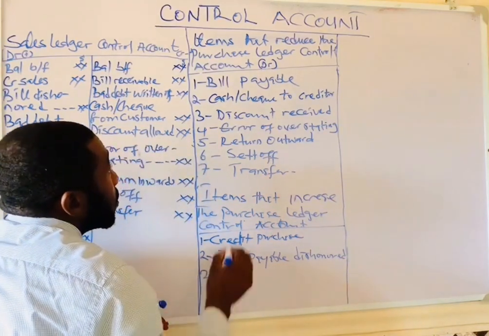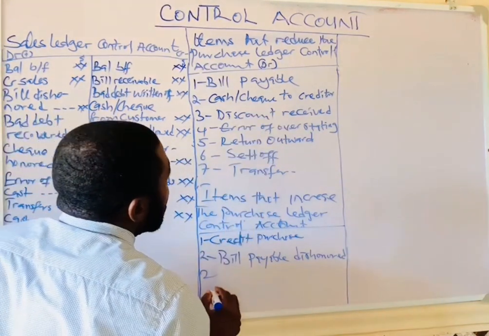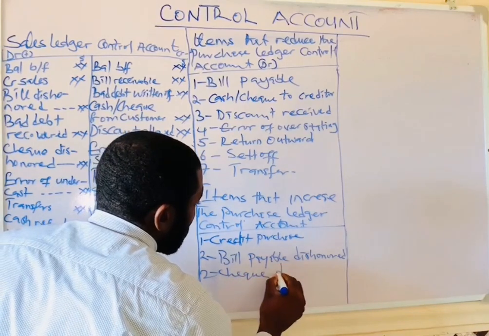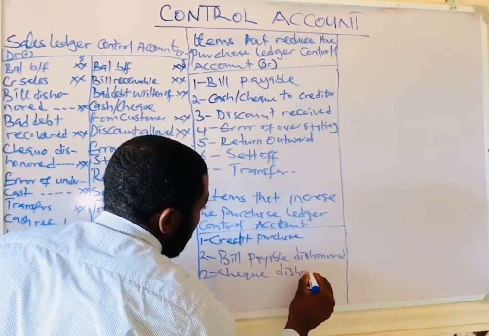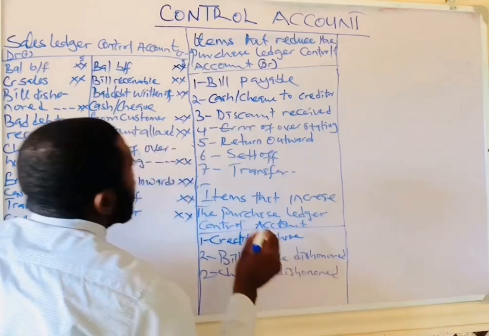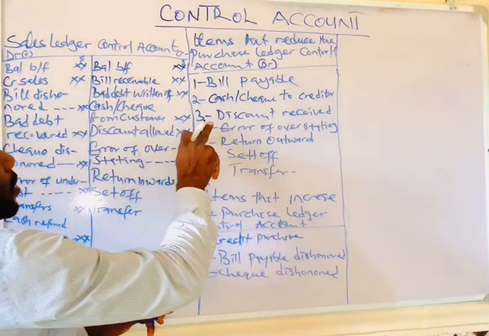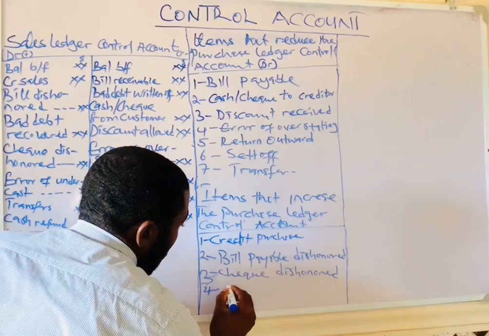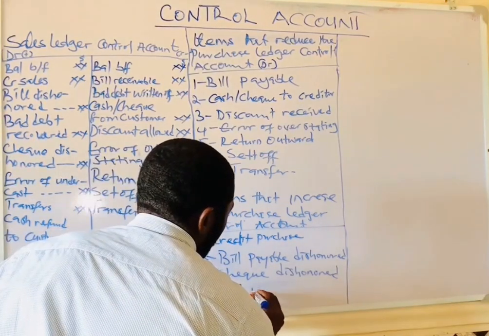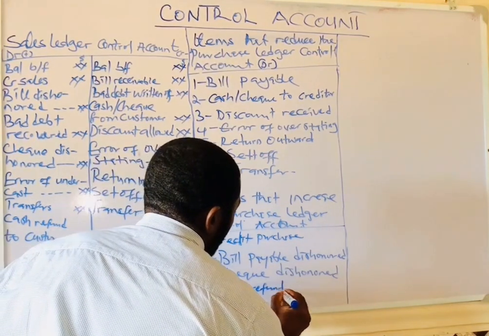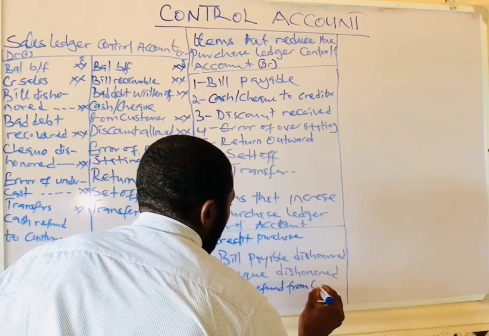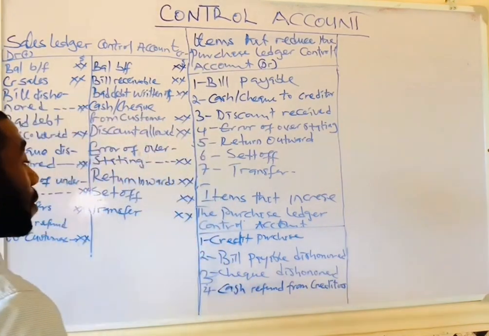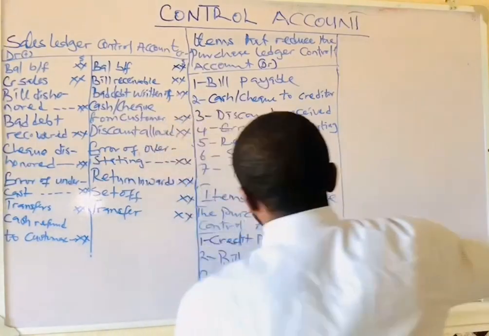Number 2. Cash or check. You say check dishonored. 4. Cash refund from creditors. Number 5.